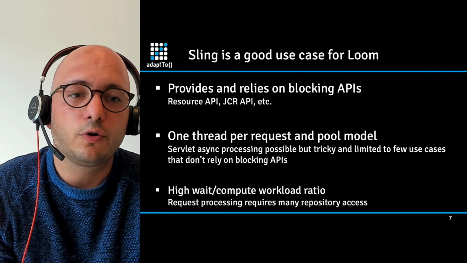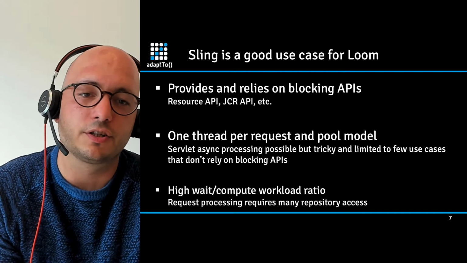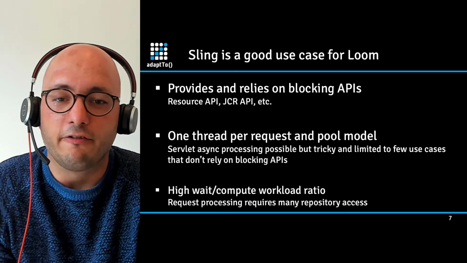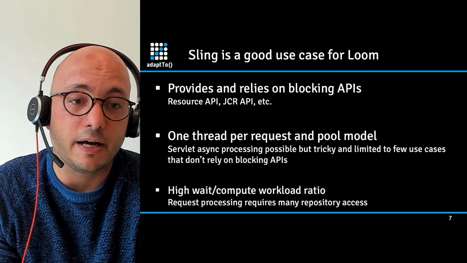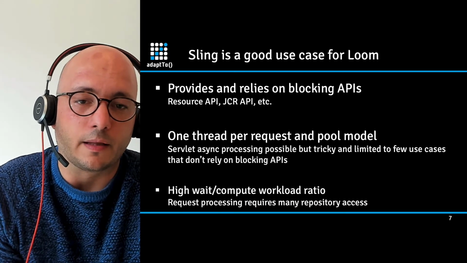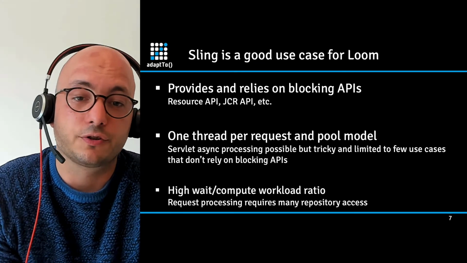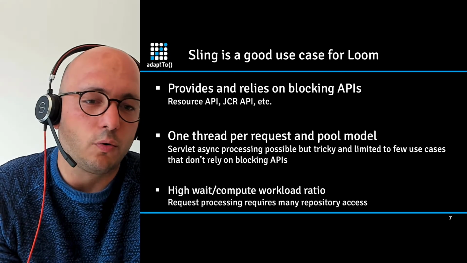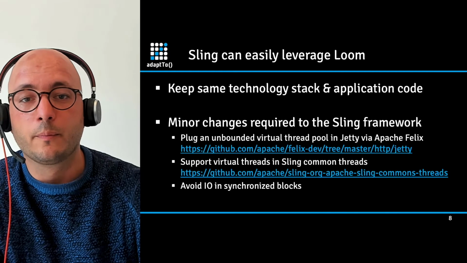But still, Loom could exploit this waiting time to increase throughput and potentially reduce the resources allocated to the cache. Finally, Apache Sling provides a threading module, the Apache Sling Commons Threads module, and this module could actually support virtual thread pools, bounded or not, to allow customer code that waits quite a lot to benefit from Loom.